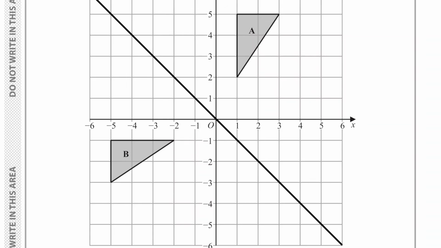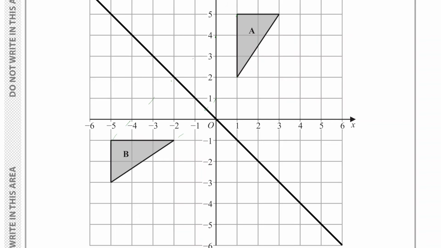Let's see if that works. So we are 1.5 away from the mirror line. 1.5. 1, 2, 3. 1, 2, 3. Yep, this works. So it's a reflection in this line. Now this line is called y equals negative x.